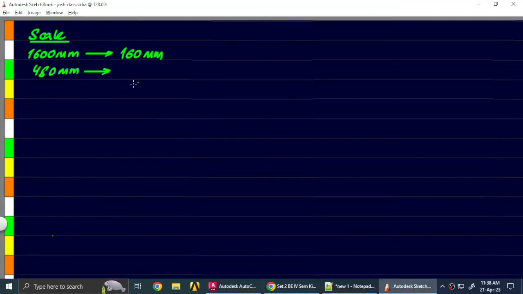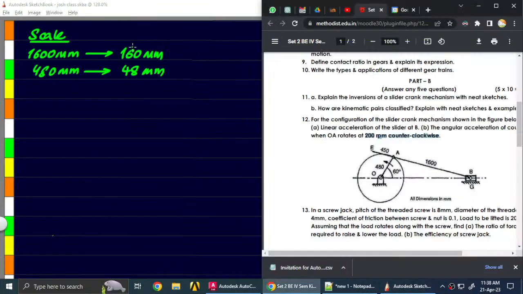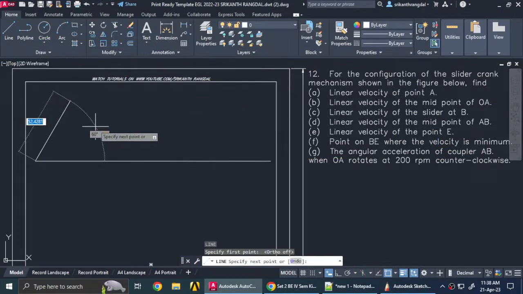If you want to draw this in drawing length, you can see 10 is reduced here, so we will have to draw it as 48 mm. So let's go back here. The 60 degree angle we have fixed, and the length we need to draw is 48. This step you need to do using the protractor.